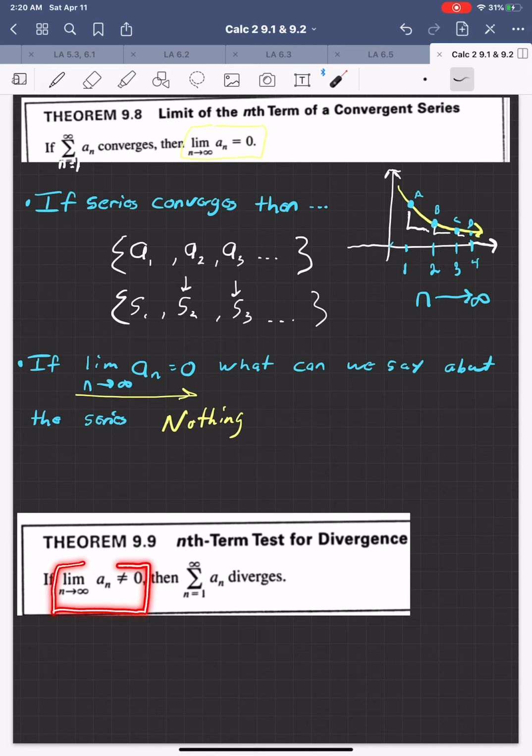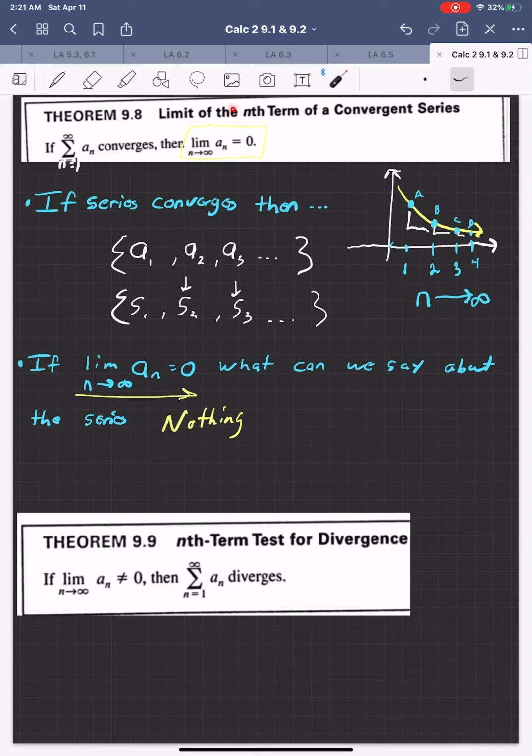Now, it doesn't say anything about if the limit of the general term as n approaches infinity equals 0. That is not said anywhere here. But they said, look, if the limit as n approaches infinity of a sub n does not equal 0, then you get to make a statement that the series diverges, right?